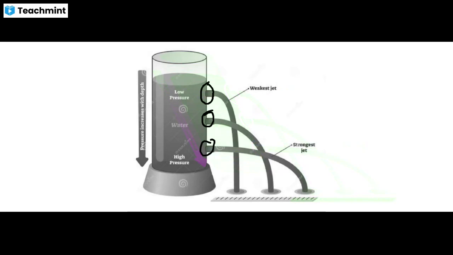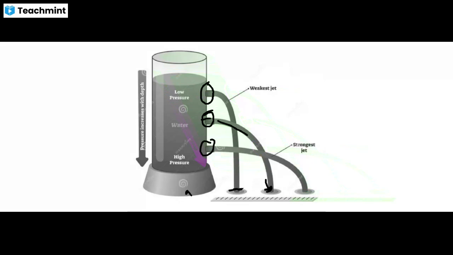What will we notice? You can see on the screen: from the bottommost hole, the water reaches the maximum distance from the position of the container. From the middle one, the water reaches here, and from the uppermost hole, the water reaches the nearest point with respect to the position of the container.